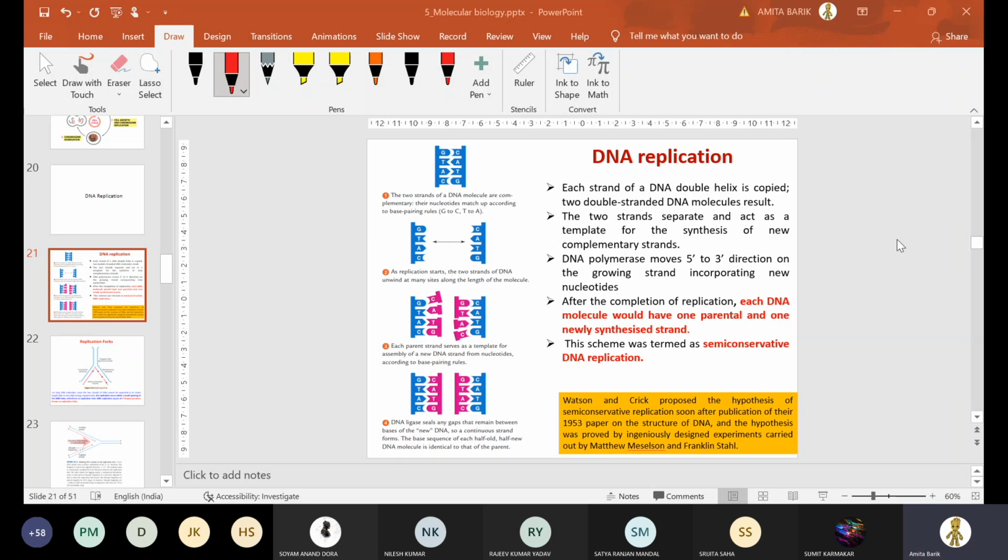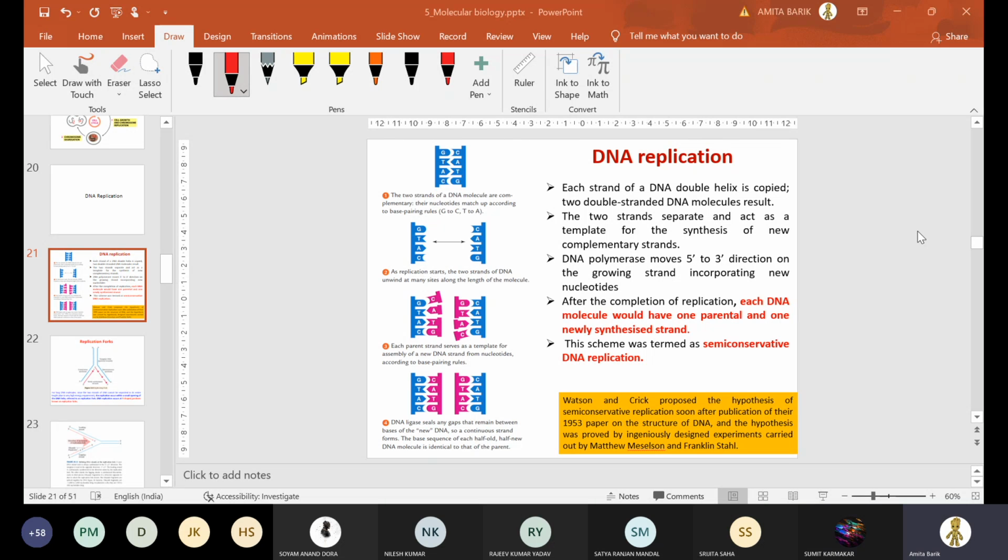Few features of the DNA helical structure that we have discussed in biochemistry. Can anyone recall and tell me at least 2-3 points? What are the salient features of the DNA double helical structure? Ma'am, the strands are anti-parallel. Anti-parallel. One is 5' to 3', one is 3' to 5'.